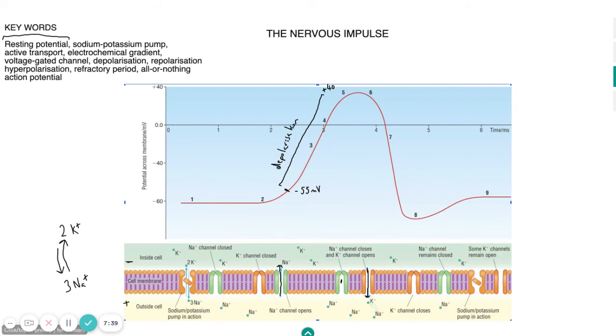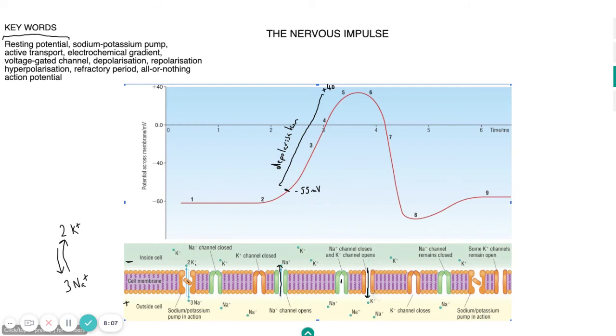And they're diffusing out because if we go back to the beginning over here, the sodium potassium pump was actively transporting sodium against their concentration gradient out, and it was actively transporting potassium ions in against their concentration gradient. So there was this concentration gradient or electrochemical gradient happening here as well, and now they can diffuse out.